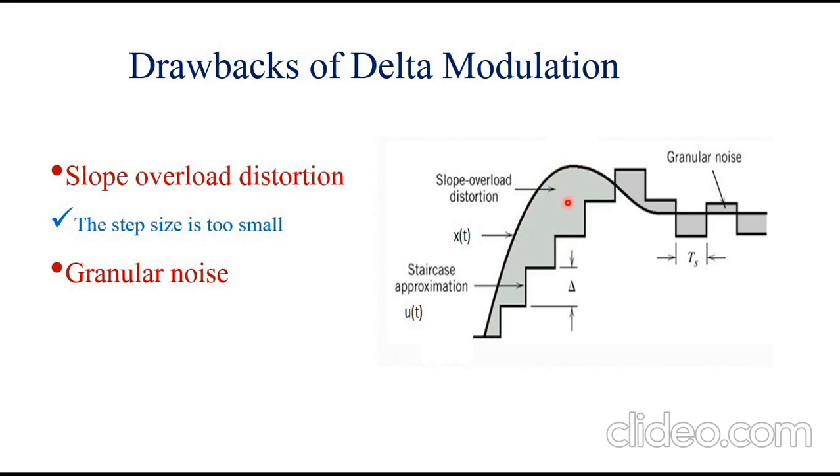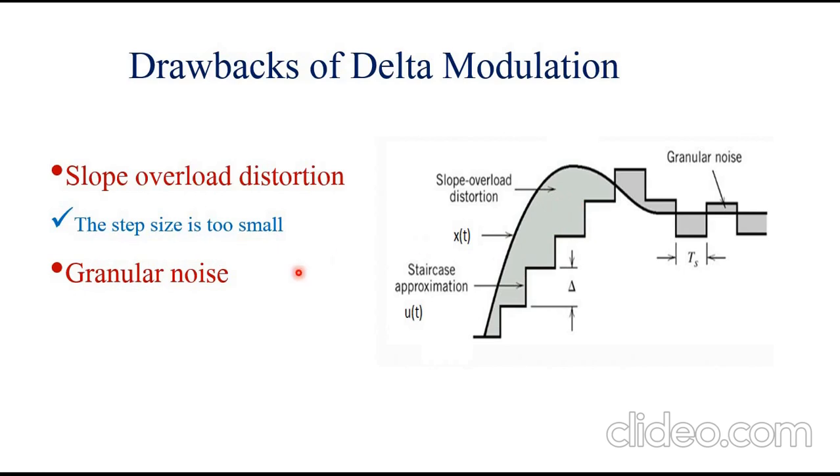This error is known as slope overload distortion. To reduce it, the step size must be increased when the slope of x(t) is too high. But in delta modulation, the step size remains fixed, so its maximum or minimum slope occurs along a straight line. Therefore this modulator is also known as linear delta modulation.